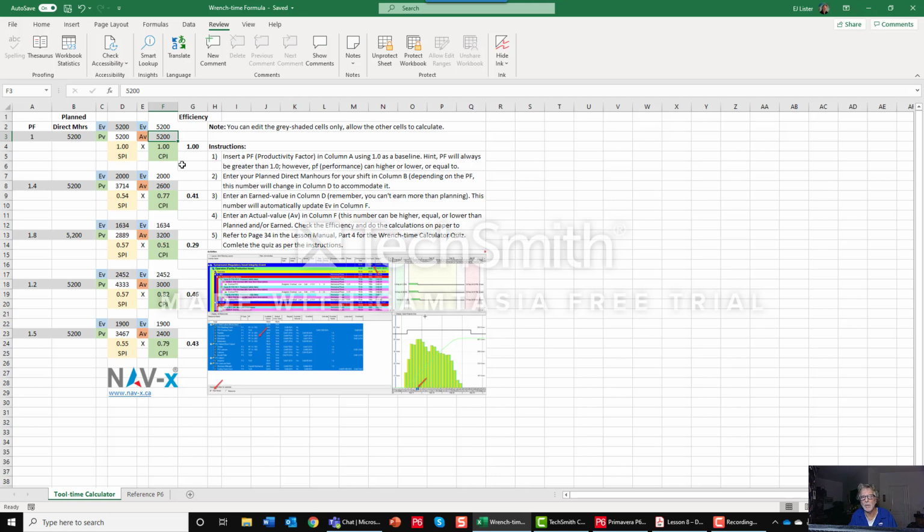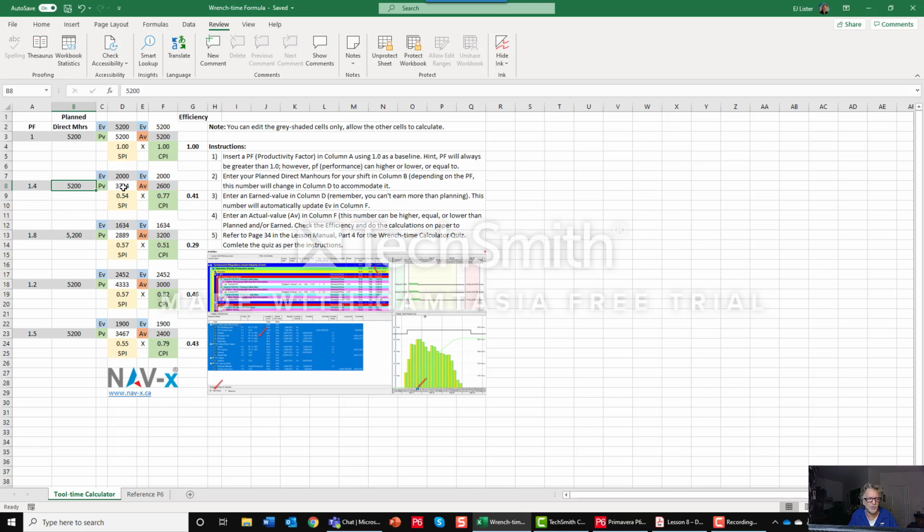So let's take a look at what if I take a productivity factor of 1.4. That means I'm only working 8 hours on the tools in a 12-hour shift. So think about that. That's the real world, okay? So 1.4 times the planned 5,200 hours, the most that I can earn on this 24-hour period or this shift is 3,714.